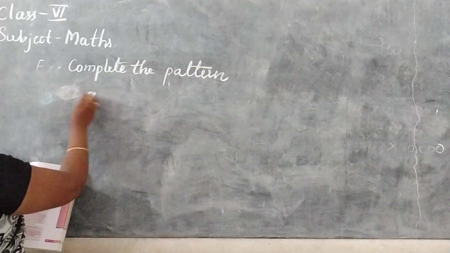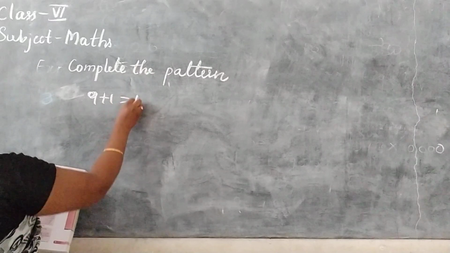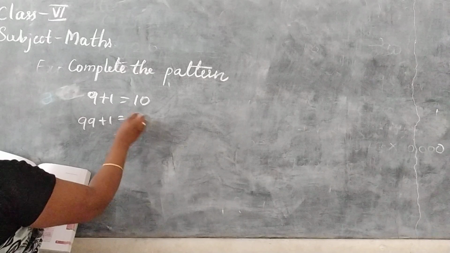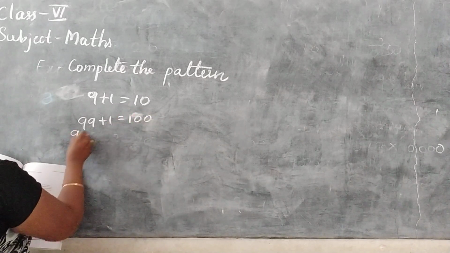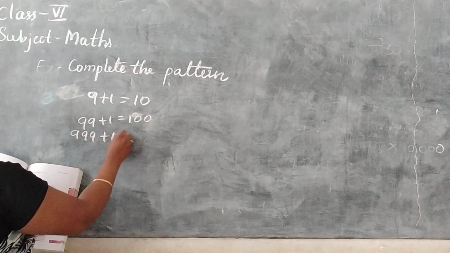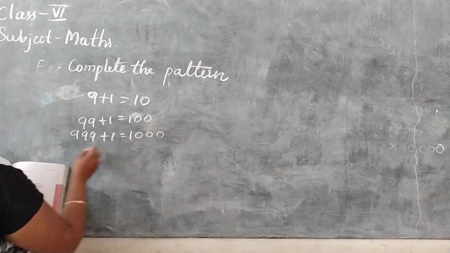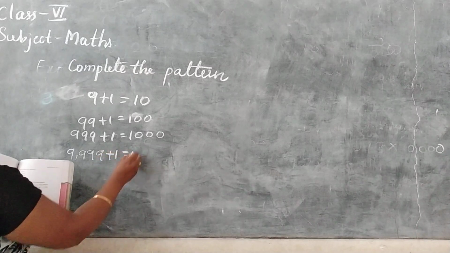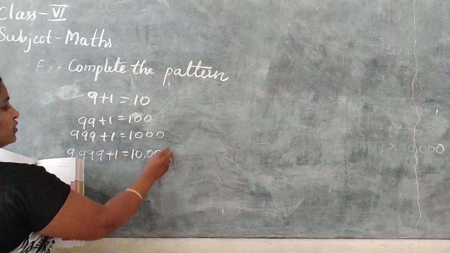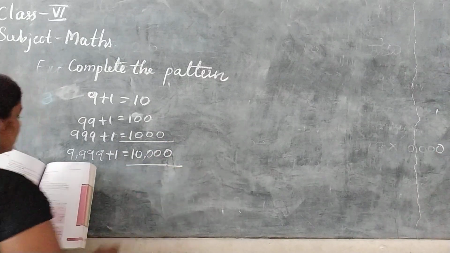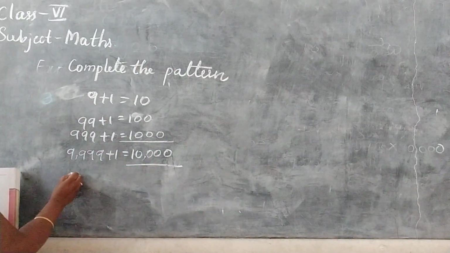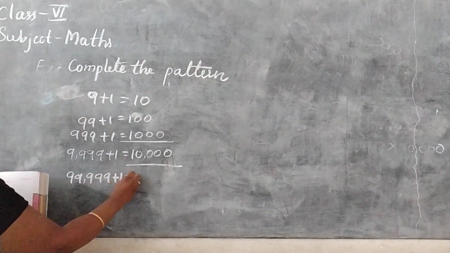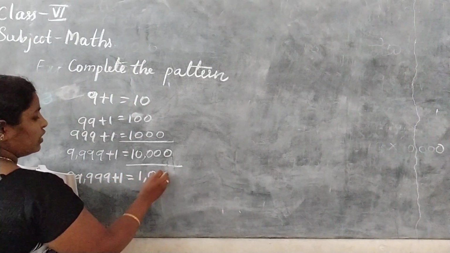First one, 9 plus 1 is equal to 10. 99 plus 1 is equal to 100. 999 plus 1 is equal to 1000. 9,999 plus 1 is equal to 10,000. So write your answers in the blanks. 99,999 plus 1 is equal to 1 lakh.